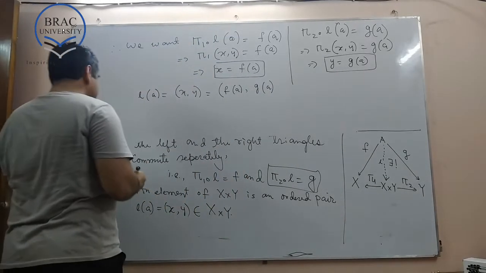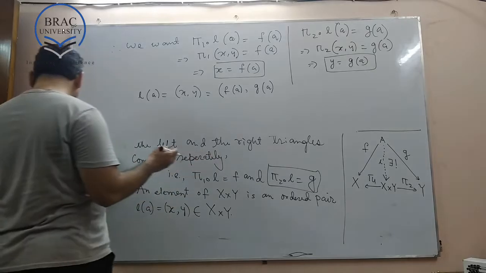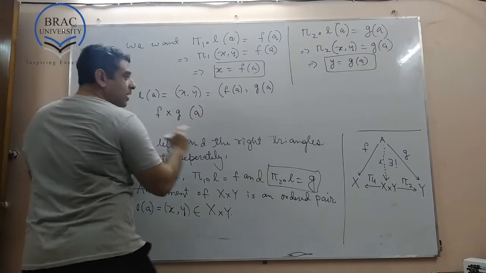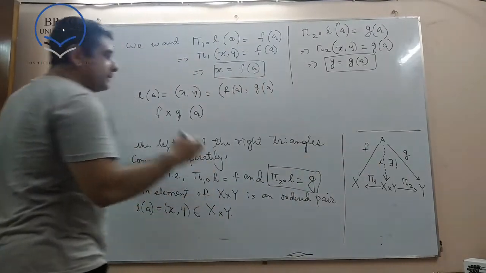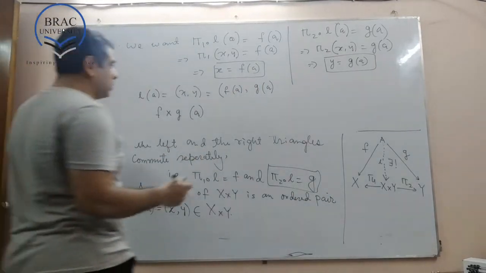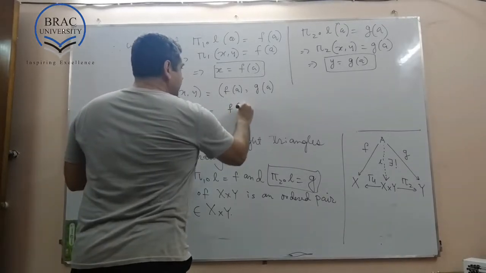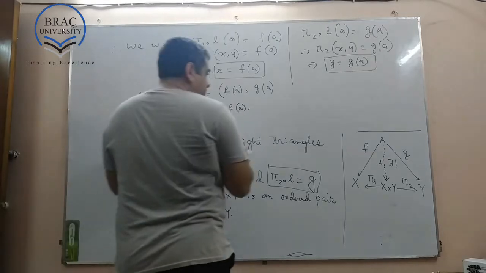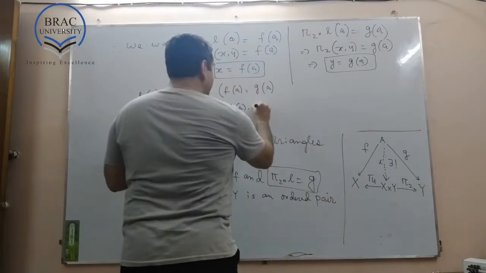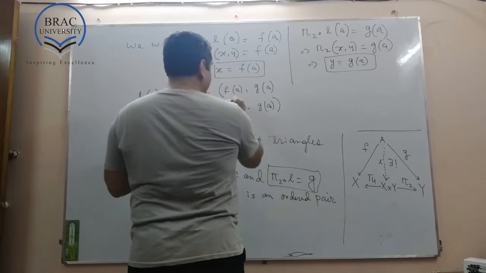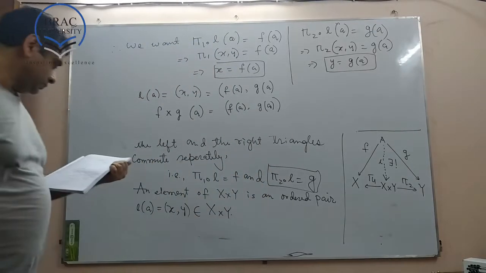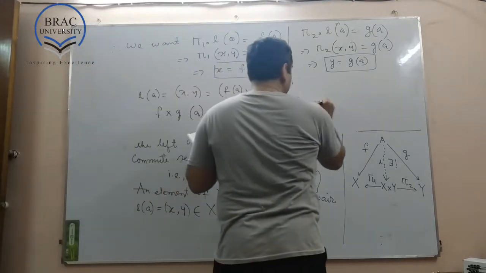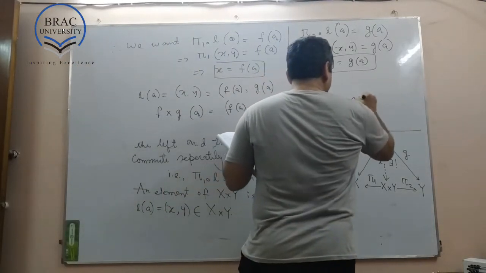So it is necessary and sufficient to define f cross g, which is precisely our L, the unique function that we are looking for, as the ordered pair in X cross Y given by F of a comma G of a, for all a.